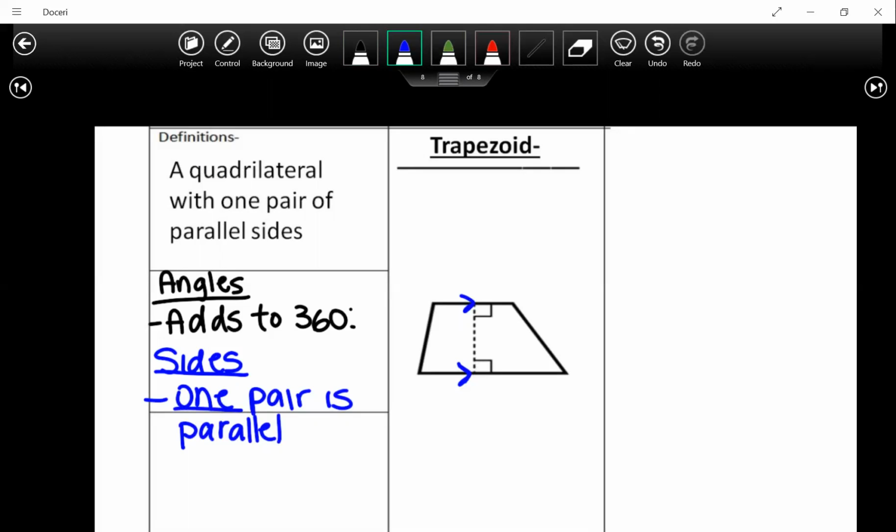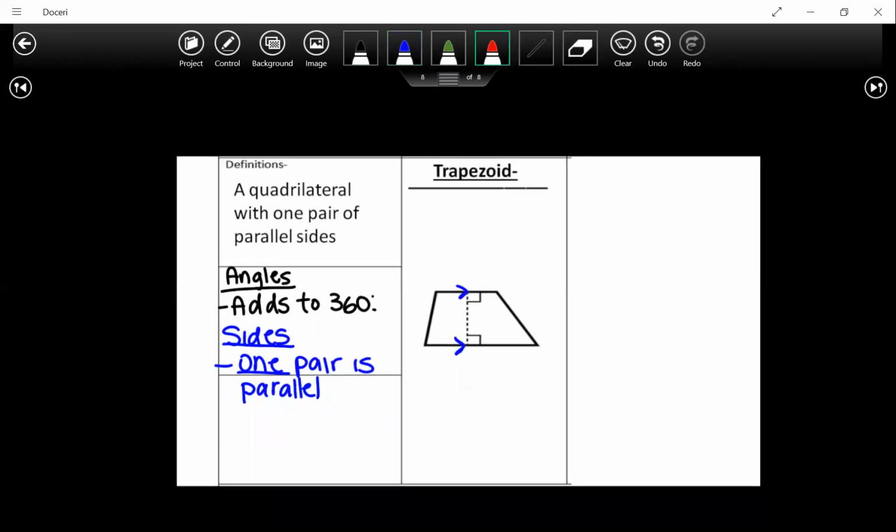Okay. And then let's talk about the last part, diagonals. I'll write mine down below. The way that we want to be able to identify diagonals is not congruent and not bisecting. Can they be?